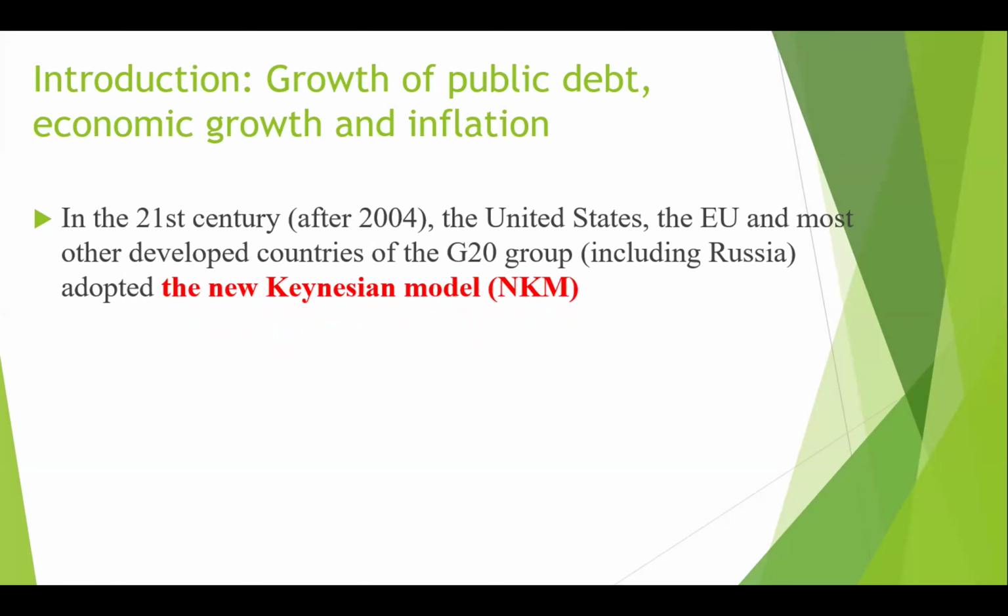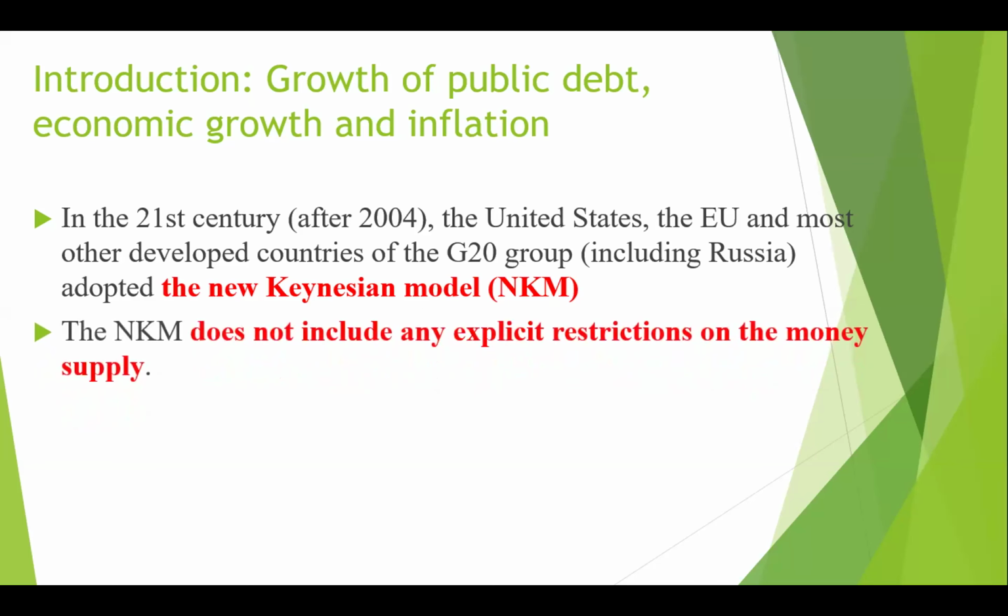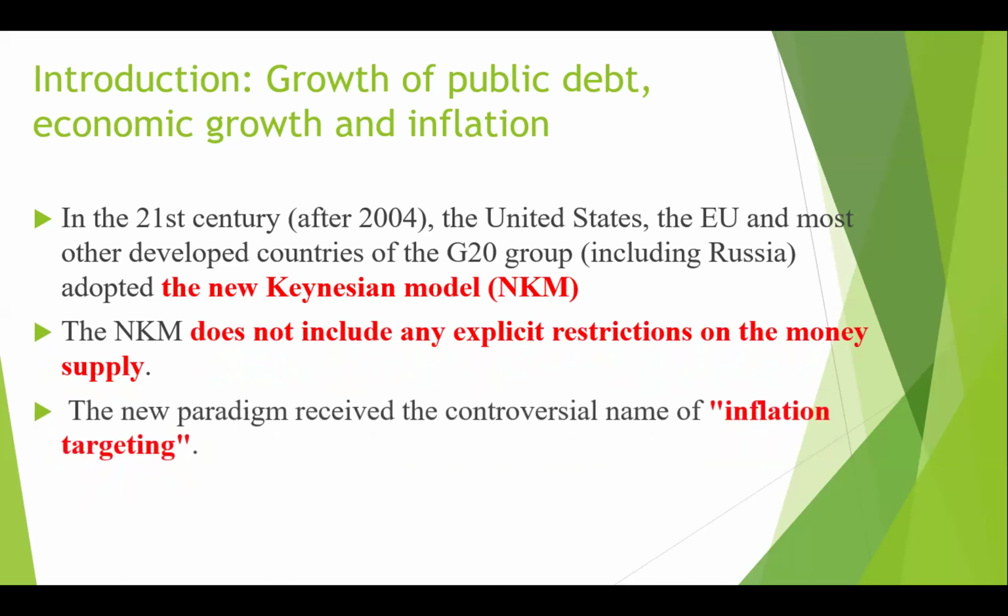Okay, so first, at the beginning of the 21st century, after 2004, all developed countries and some developing countries too, of course, use the new Keynesian model for central banks. I don't know about China. China is now a rather developed country, I think, because it is a leader in economic growth, in economic GDP. This new Keynesian model is attributed to controlling inflation, so-called inflation targeting.